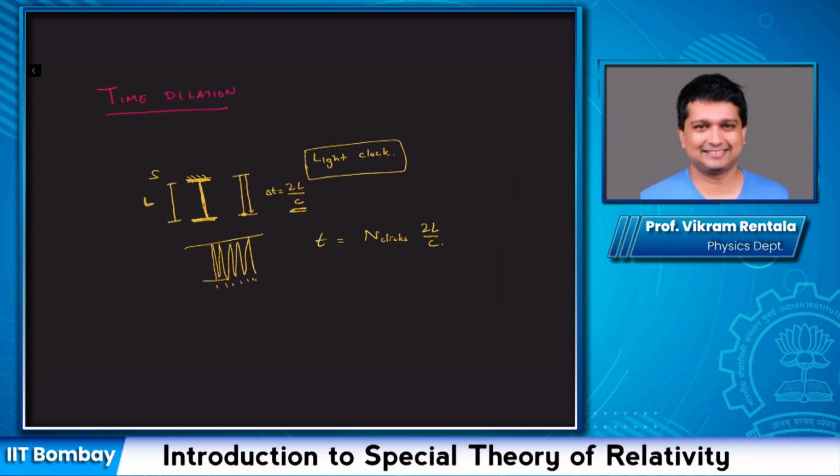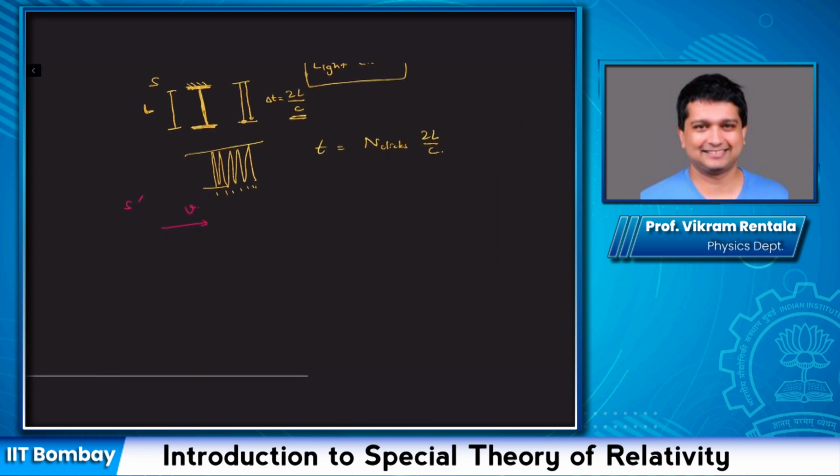However, we can be sure about how the light clock appears to behave relative to a second observer, S prime, who is now moving with respect to S at a speed v. Okay, and the reason we can be sure about this is because we know how light appears to behave according to the postulates of special relativity as seen by a moving observer, an observer moving relative to this light clock.